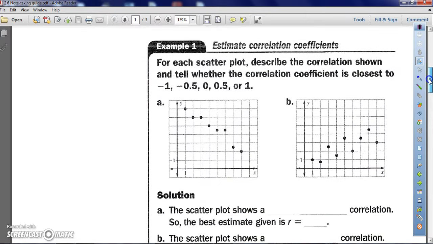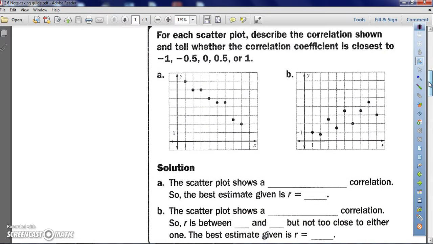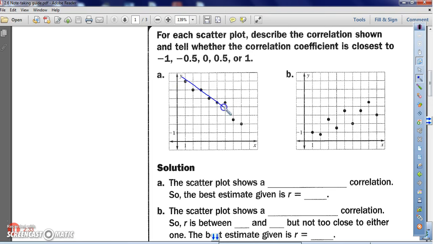It says, for each scatter plot, describe the correlation shown and tell which of those numbers the correlation coefficient is closest to. So let's look at letter A. When we look at those points, they kind of resemble a line that is going downhill like this.